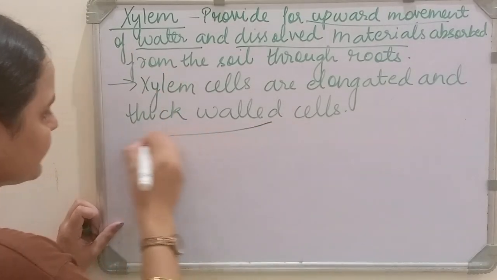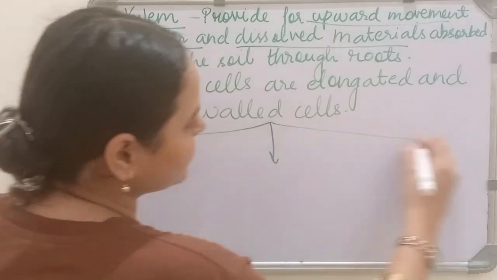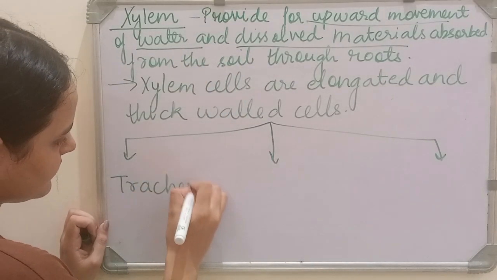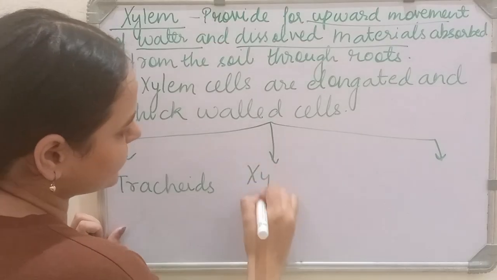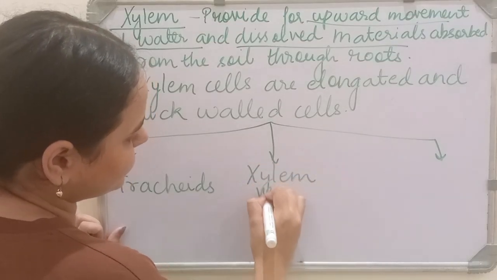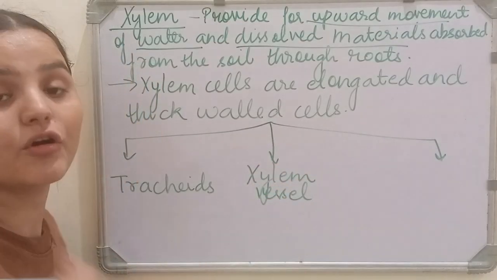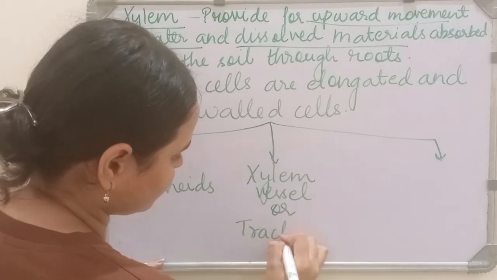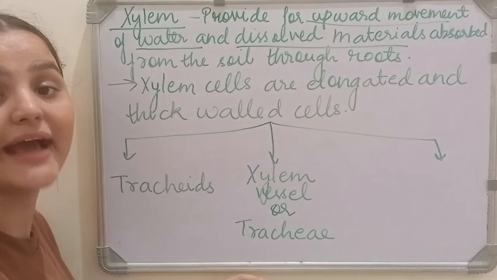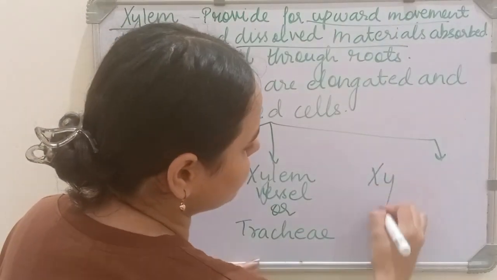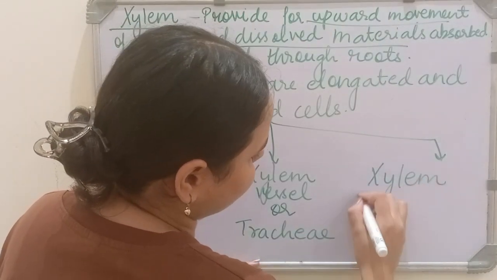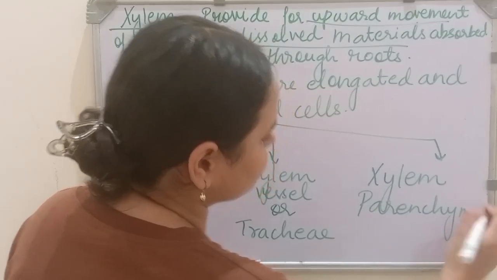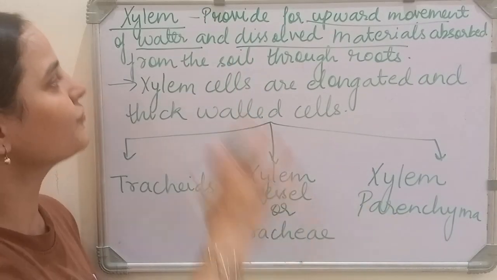So in xylem we are going to study the three components which are tracheids, xylem vessels, which is also known as tracheae, and xylem parenchyma. So let's study the three components of xylem.